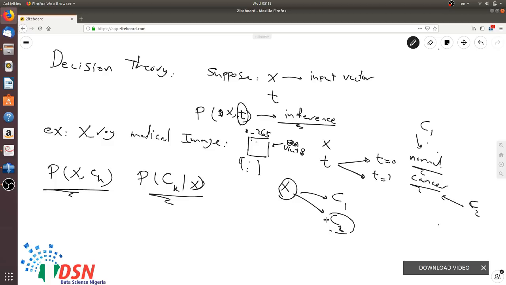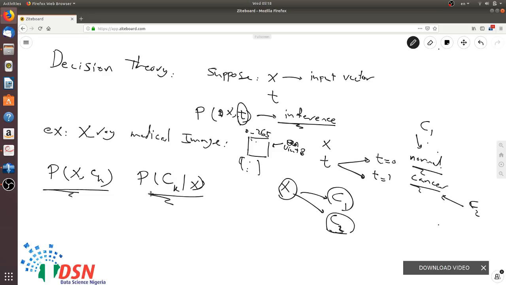When the probability of having cancer is more than the probability of being normal, we decide to take action, such as treatment for that patient, or giving him some pills or any other treatment.